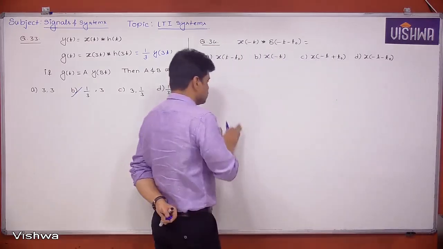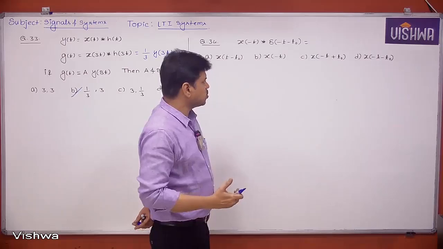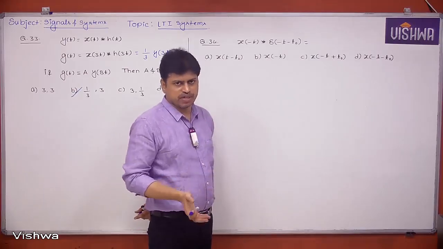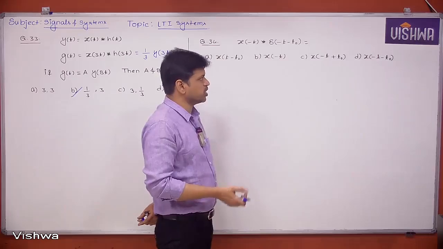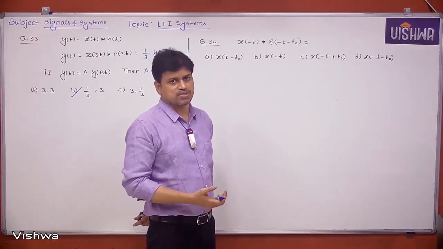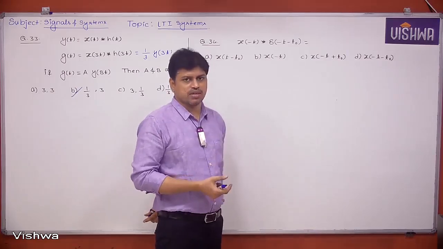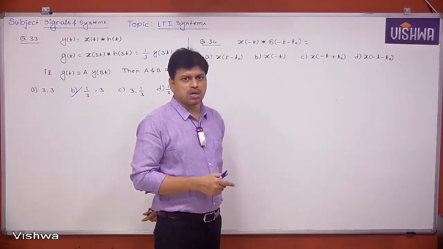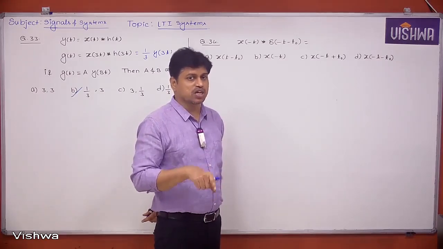Whenever multiple operations are given, it is not only true here, it is true everywhere, even if it is continuous time Fourier series, continuous time Fourier transform, Laplace, Z-transform, everywhere. Remember only one thing: if multiple operations are given, then we have to start from what we know. Whatever you know, you have to start from that point.